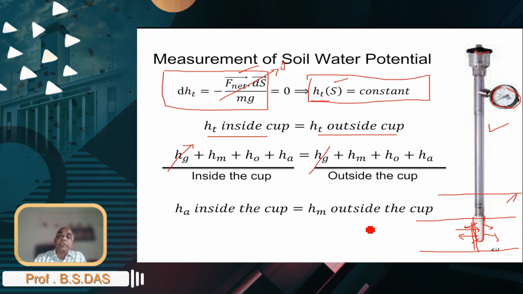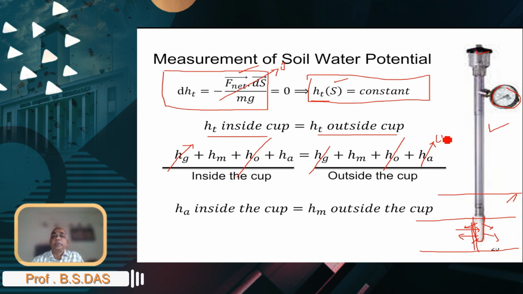You can also think about this soil to have very little soluble salt, so this osmotic component you can just cancel out. You can also think about the soil outside the cup. It's an open system, no compressed air, no expanded air, so you could set this pneumatic term to zero, right?